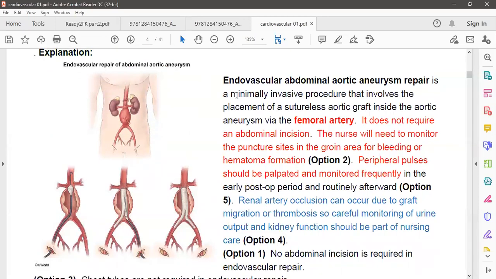So, endovascular repair of abdominal aortic aneurysm. During the repair of an abdominal aortic aneurysm, it is a minimally invasive procedure that involves the placement of a sutureless aortic graft inside the aortic aneurysm via the femoral artery.